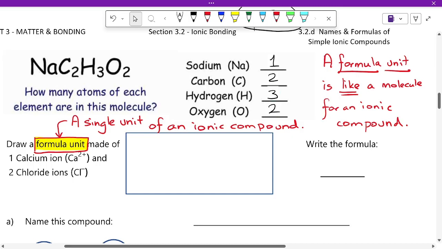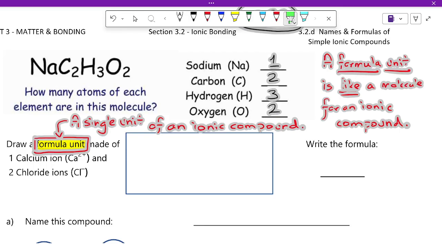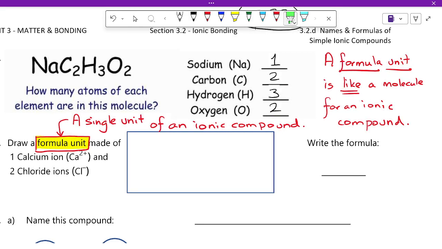So what we're going to do here is draw a formula unit that is made of 1 calcium ion, 1 Ca2+, and 2 chloride ions. When we draw it, we're going to draw a circle to represent the calcium, and put Ca2+ inside that circle.